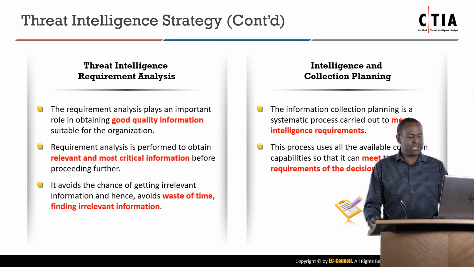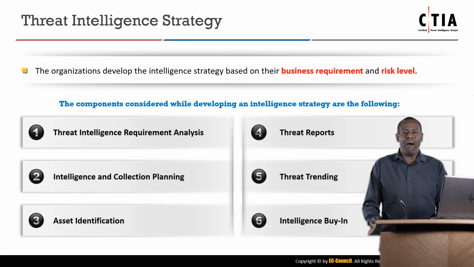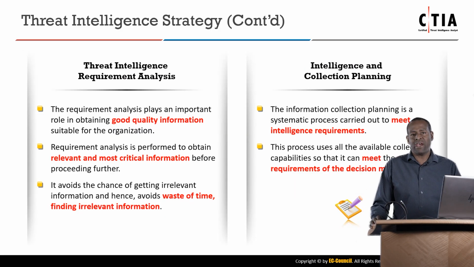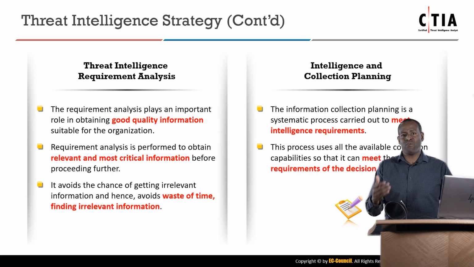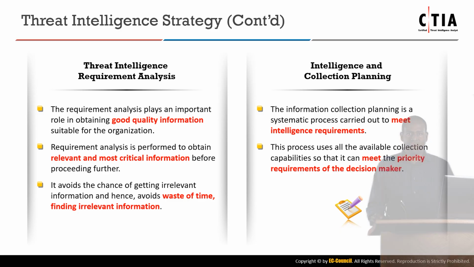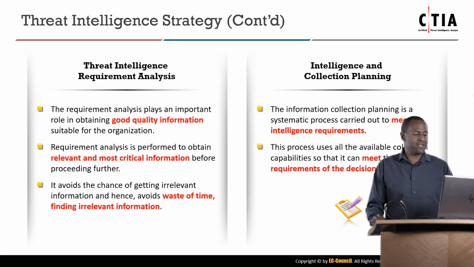Again, that goes back to what we were talking about before, buy-in. We want to make sure that any type of threat assessment or reporting is immediately applicable and important for our organization. And then in the collection and planning, we want to meet our intelligence requirements and prioritize those according to the decision makers that are going to be getting that information.